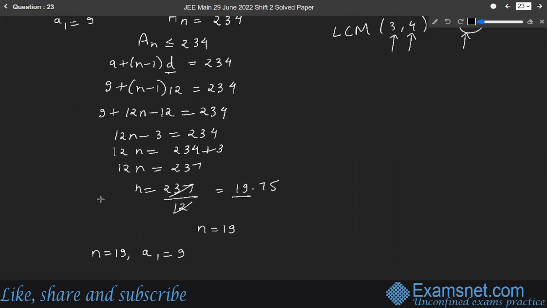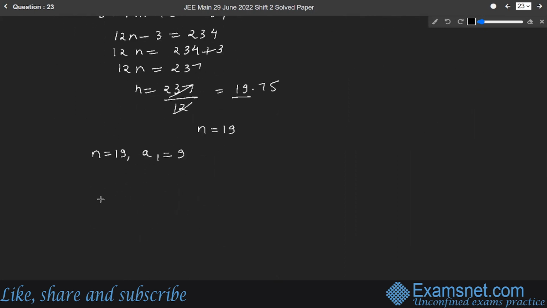Here we have a is equal to 9, means a1 is equal to 9, which is the first term. The common difference for both the series is 12. So we can find the last term. We know that there are total 19 terms. So last term will be an is equal to a plus n minus 1 into d.